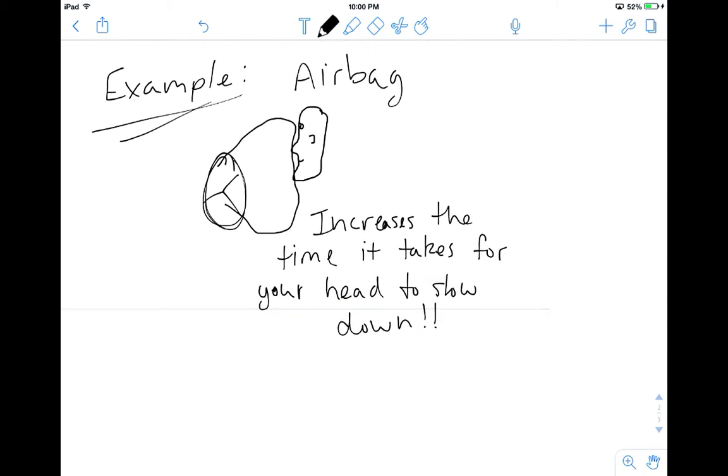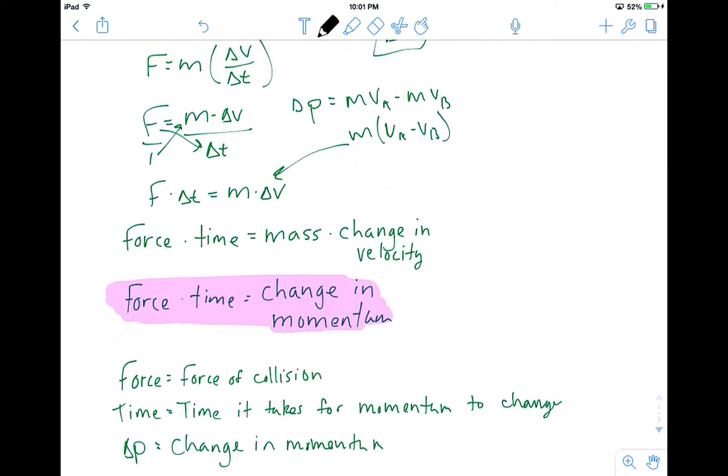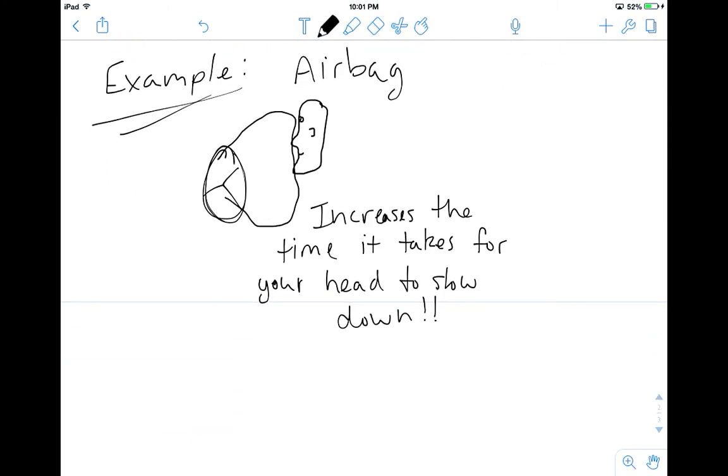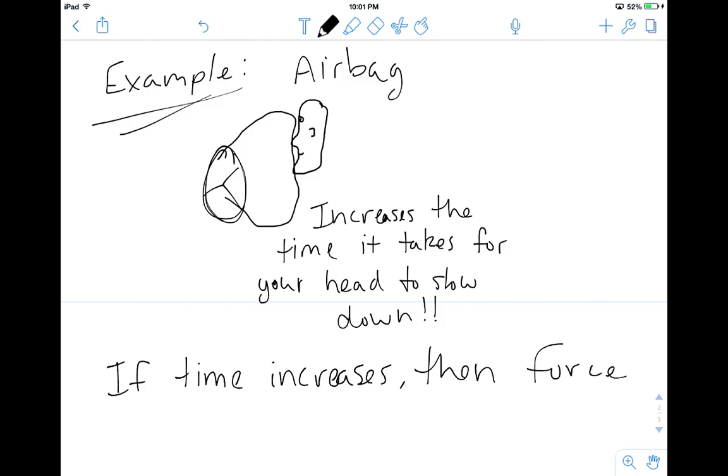Now, the really cool thing is that if I look back up at this equation, for the change in momentum to stay the same, if my time increases, and this is important, if time increases, then force decreases.